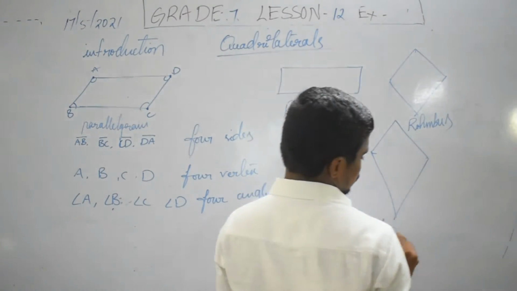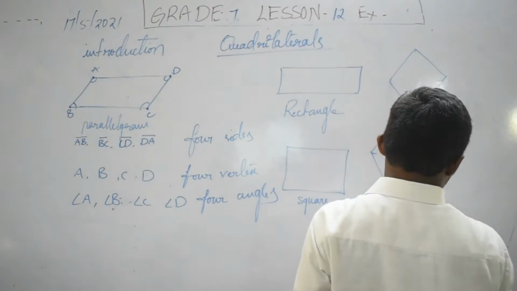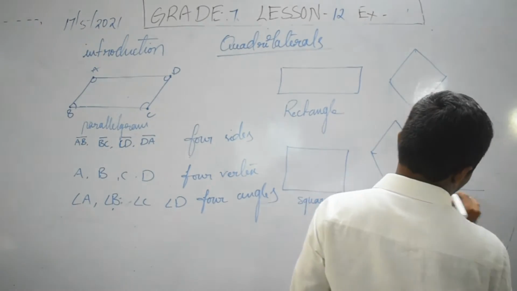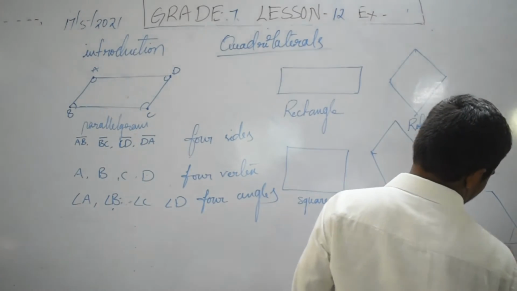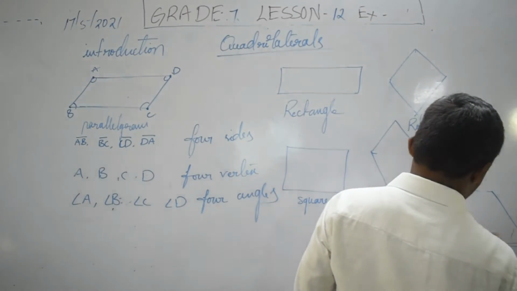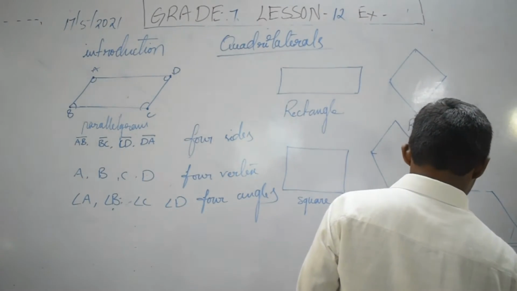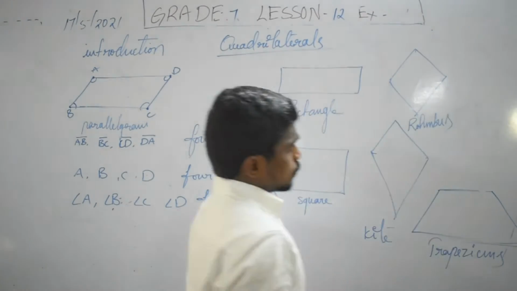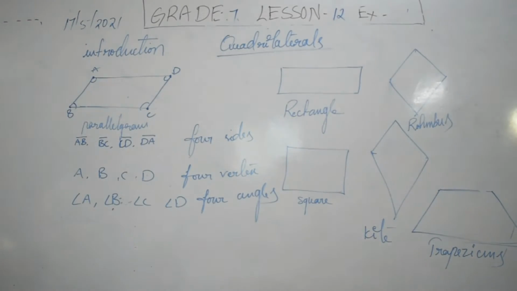Next, this one trapezium. So all these pictures have four sides, four angles and four vertices. So these pictures we call quadrilaterals.